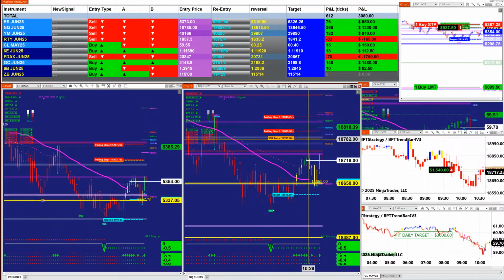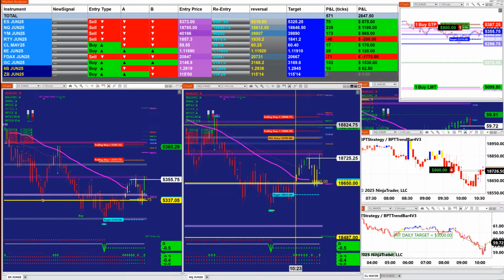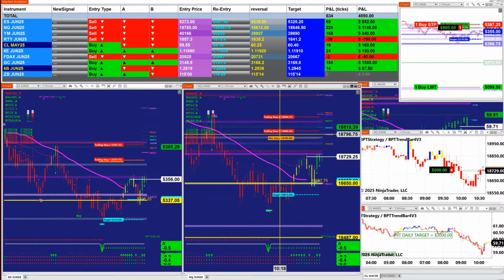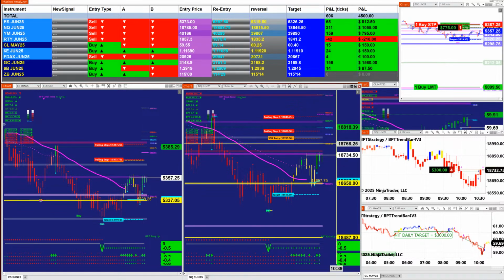When you see a bunch of those lines close to each other, stay away from that area, always. That means the market is tight. Stay away from it. There is no long on the Nasdaq.